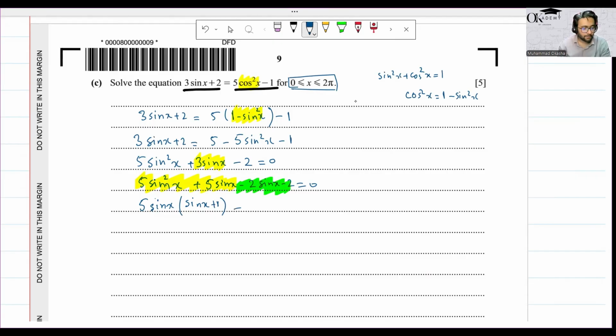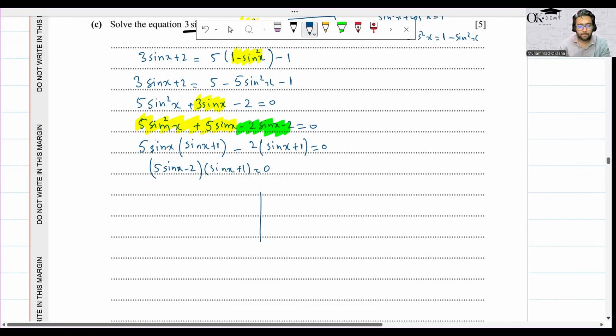And if I were to take out negative 2 as common, I'll be left with sine x plus 1 again equals 0. 5 sine x minus 2 times sine x plus 1 equals 0. If I were to solve the equation, that's going to give me either 5 sine x minus 2 equals 0 or sine x plus 1 equals 0.